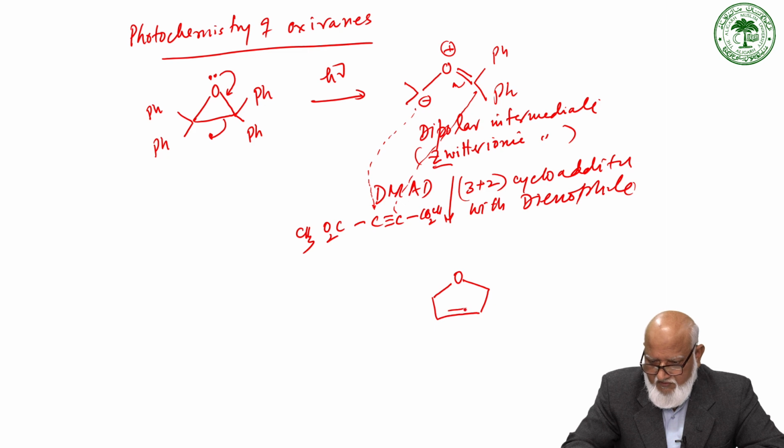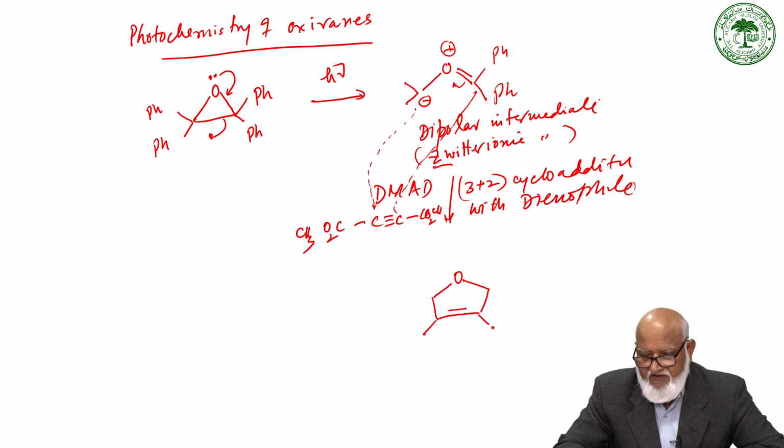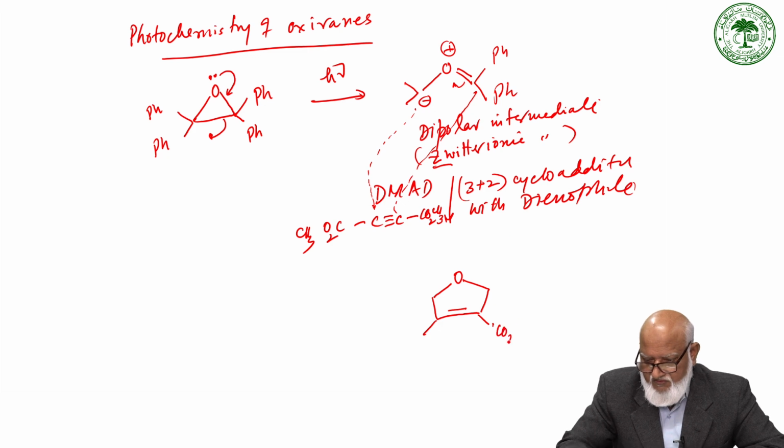We have a double bond here with the dimethyl dicarboxylate, CO2CH3, and then we have two phenyl groups, Ph.